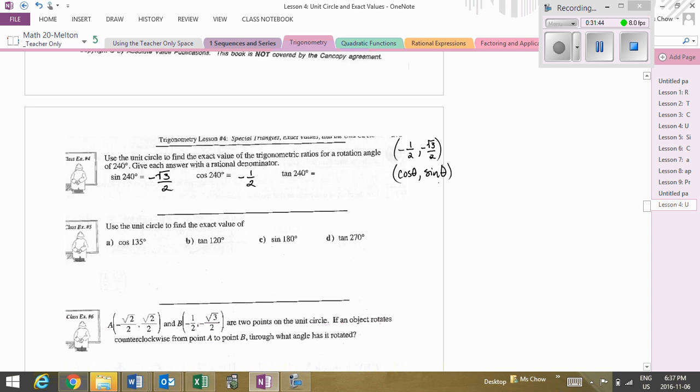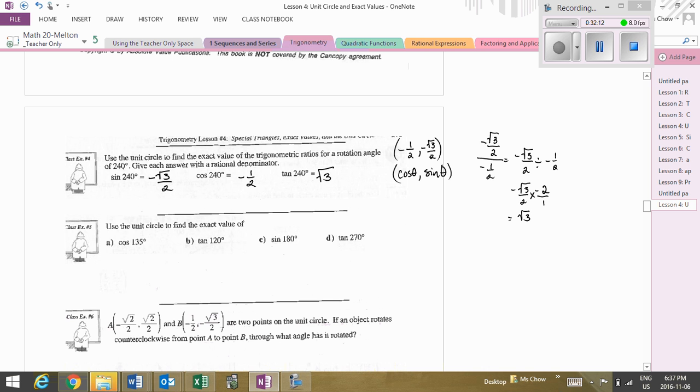Because now we have to look at y over x, or negative root 3 over 2 divided by negative 1/2, which means negative root 3 over 2 times negative 2 over 1, which is simply going to be root 3.